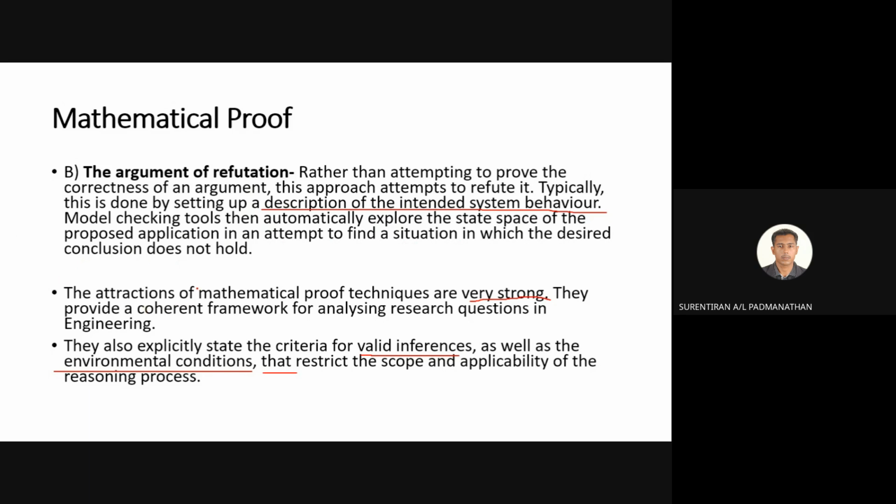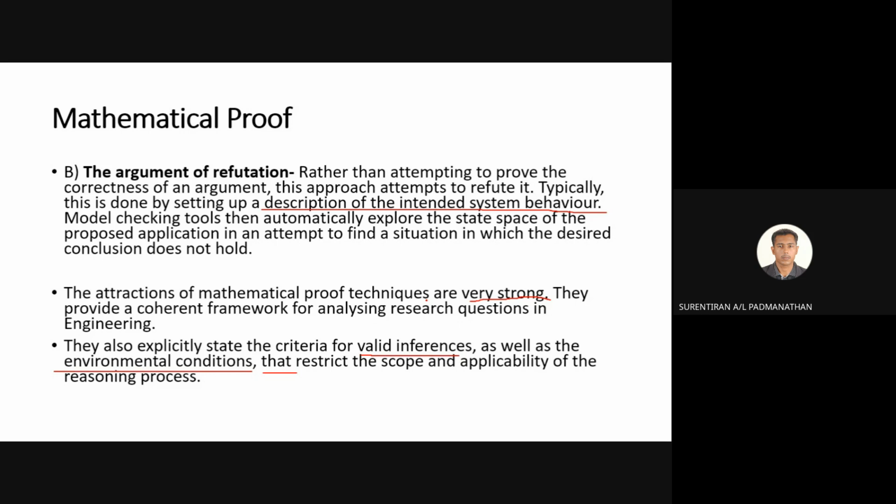The attraction of mathematical proof techniques is very strong. If you can include some mathematical proofs, it can be considered very strong because you have a very strong foundation. They provide a coherent framework for analyzing research questions in engineering.